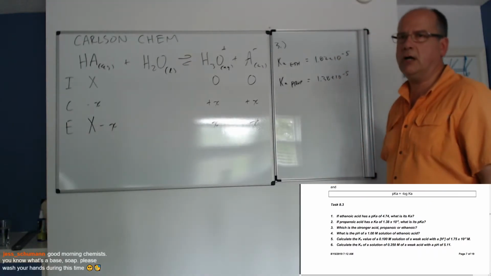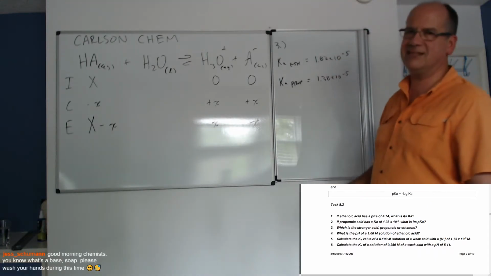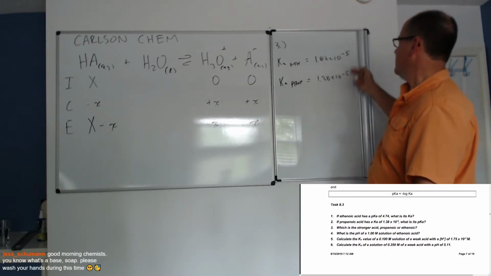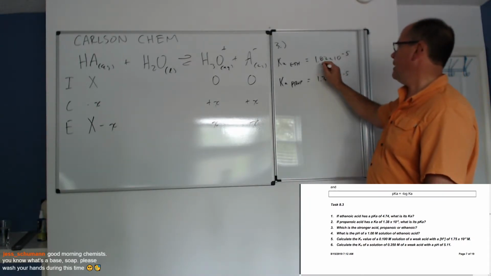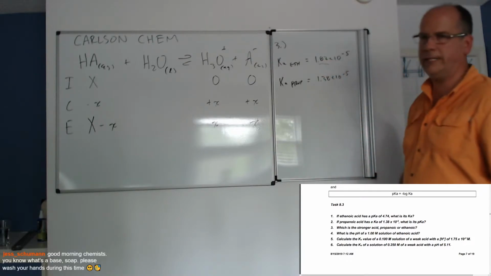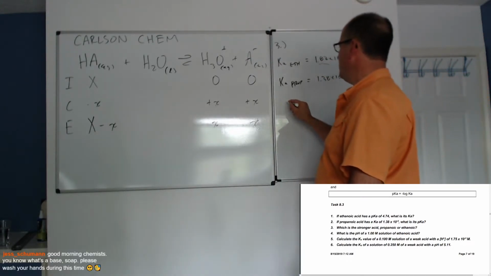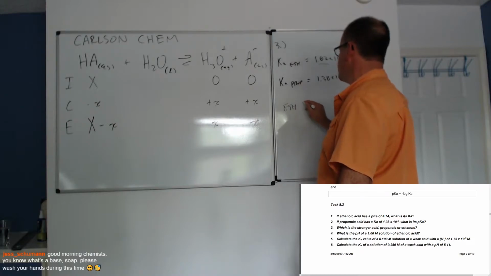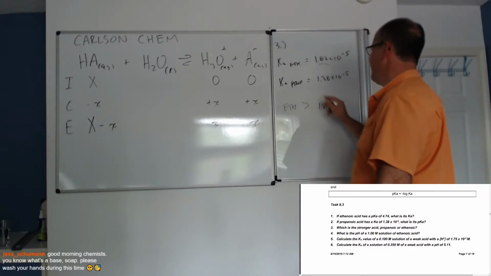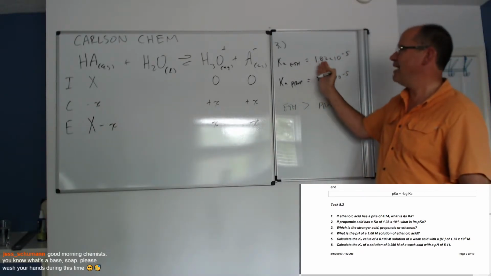So which one is stronger? Whichever Ka is greater. So 10 to the negative 5 are the same, but 1.82 is greater than 1.38. So ethanoic is stronger than propanoic, simply because the Ka value is greater.